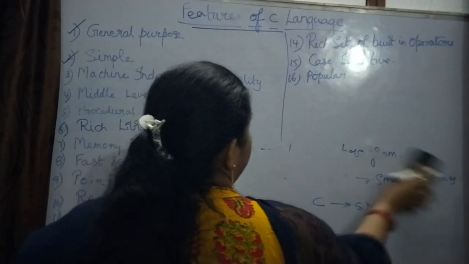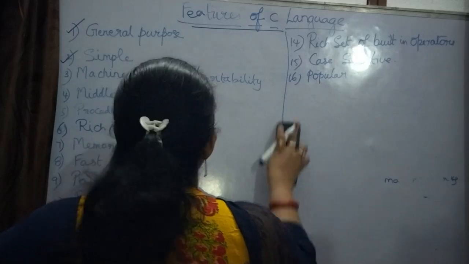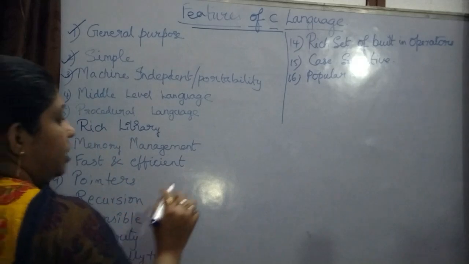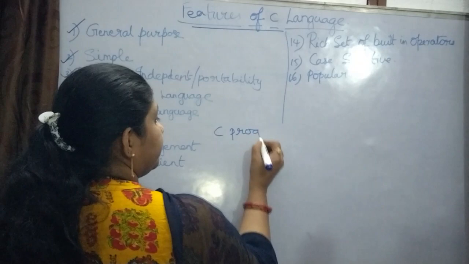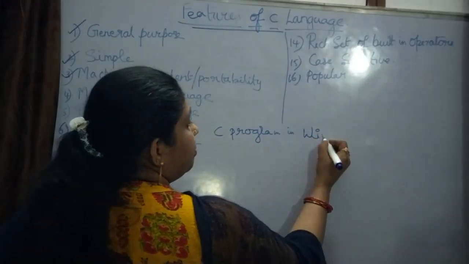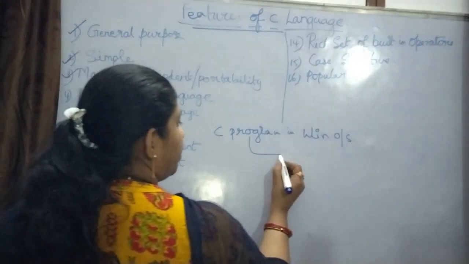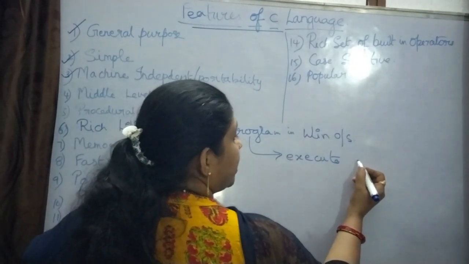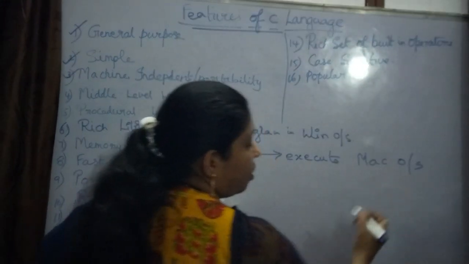Right? Next is machine independent. What is machine independent or portability? Suppose you have written one C program in one operating system, that is Windows operating system. Now this C program you can execute in another operating system, like Macintosh or Unix or Linux.